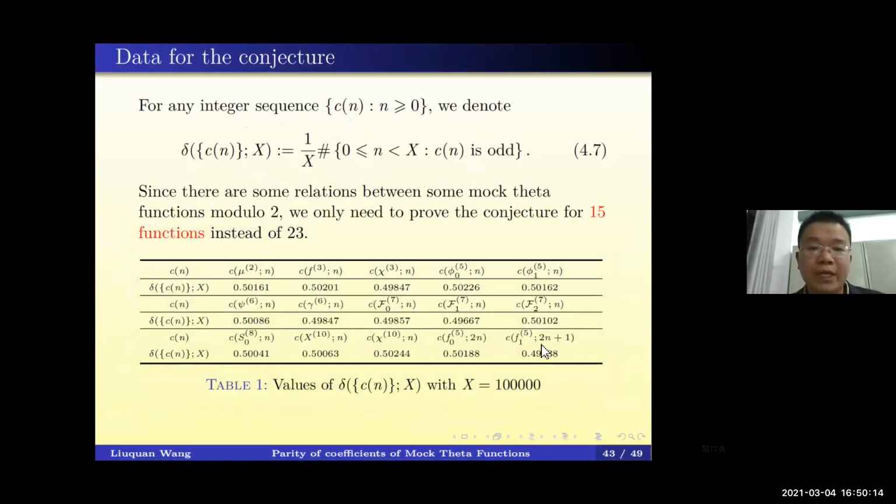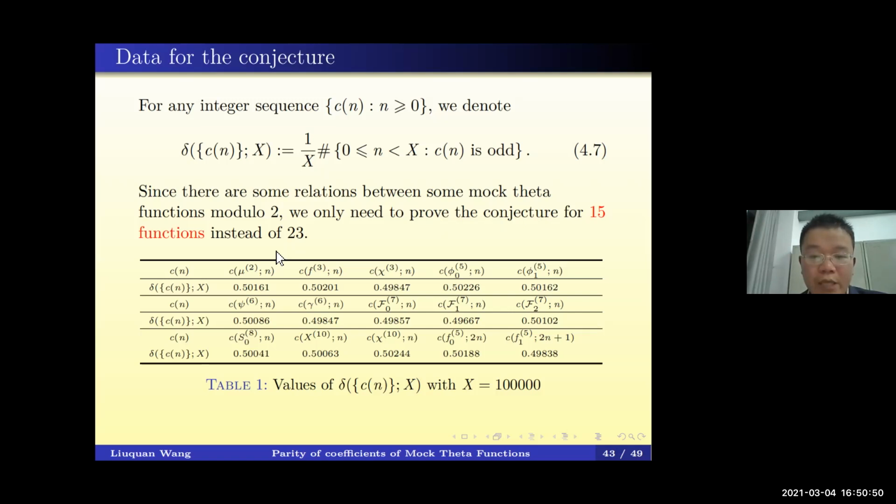So now let's see some data which supports this conjecture. We denote by delta C n x the number of odd values among coefficients with n less than x, divided by capital X. So this is the percentage of odd values among the first x values. Since there are some relations, as I mentioned before, between some of the Mock theta functions, we actually only need to prove the conjecture for 15 Mock theta functions instead of 23.